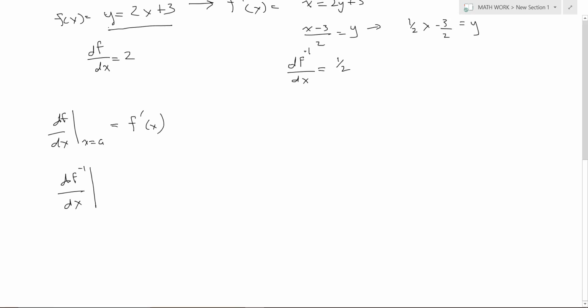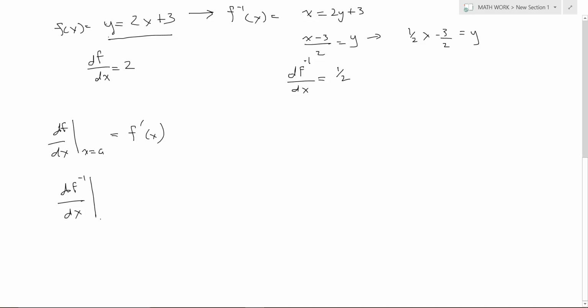Function of a, right? Okay, so that equals f prime of x minus 1.